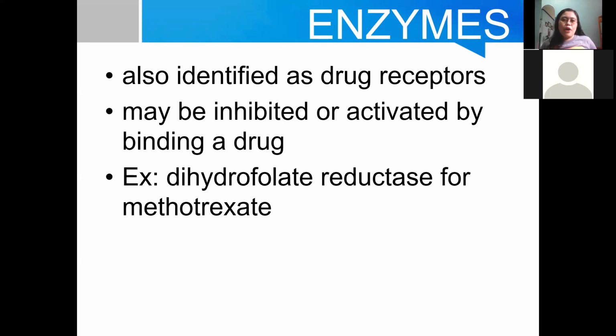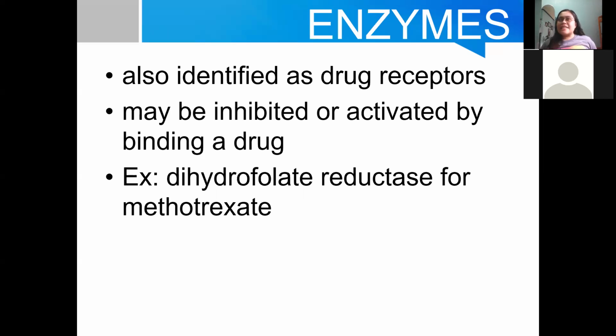An example of an enzyme that interacts with our drug is dihydrofolate reductase. Most of our enzymes have names that end in -ase. An example of a drug that interacts with it, and its action is inhibition, is methotrexate.